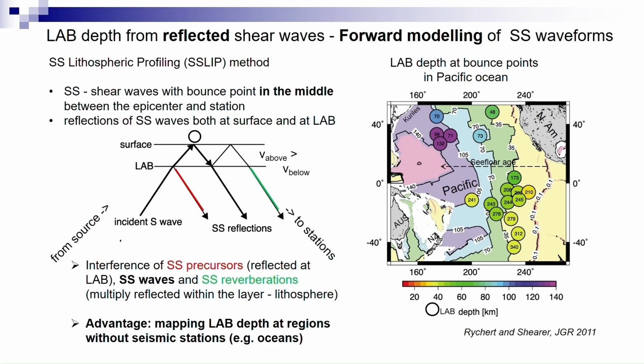Incoming shear waves reflect both at the bottom of the LAB and at the surface, interfere, and create SS reverberations at stations. This method is based on forward modeling the SS waveform recorded at the receiver.